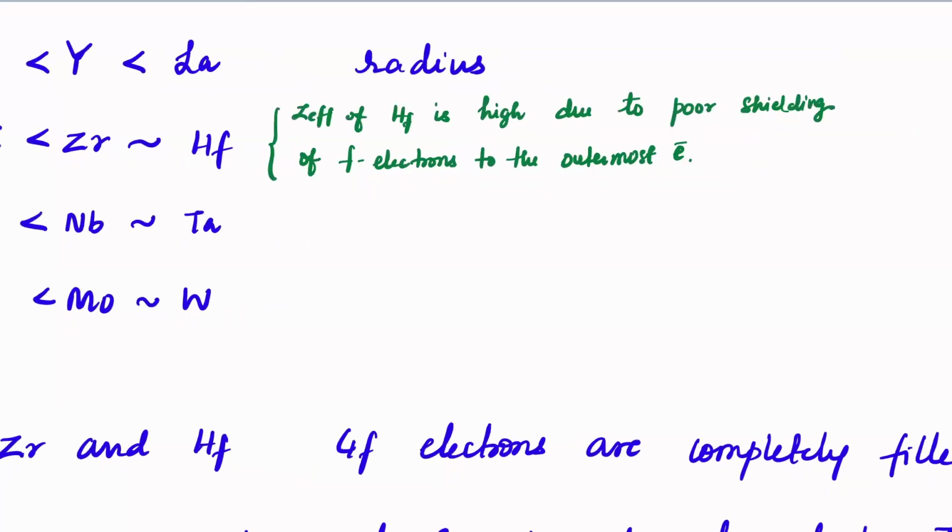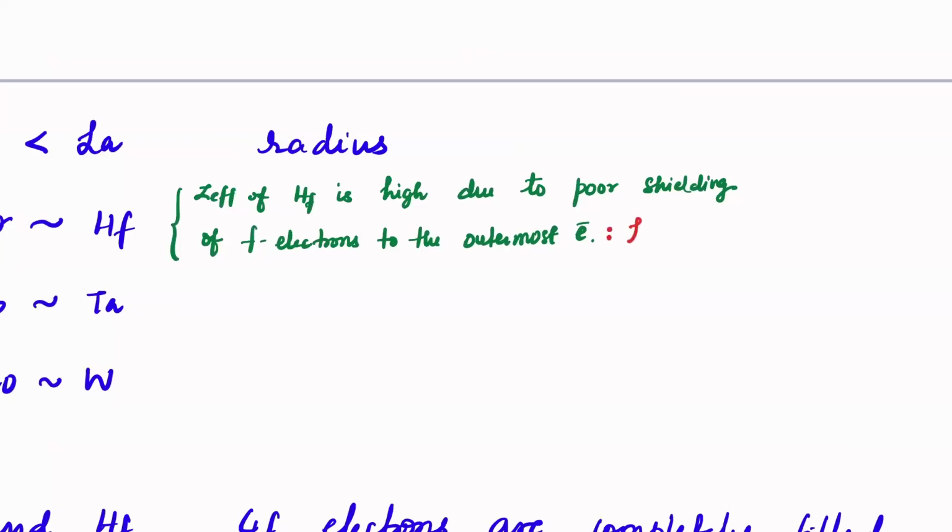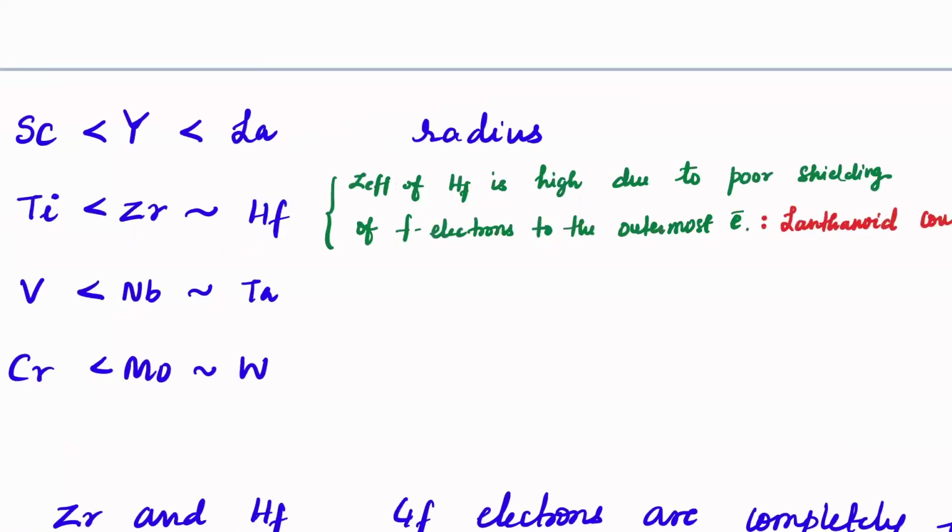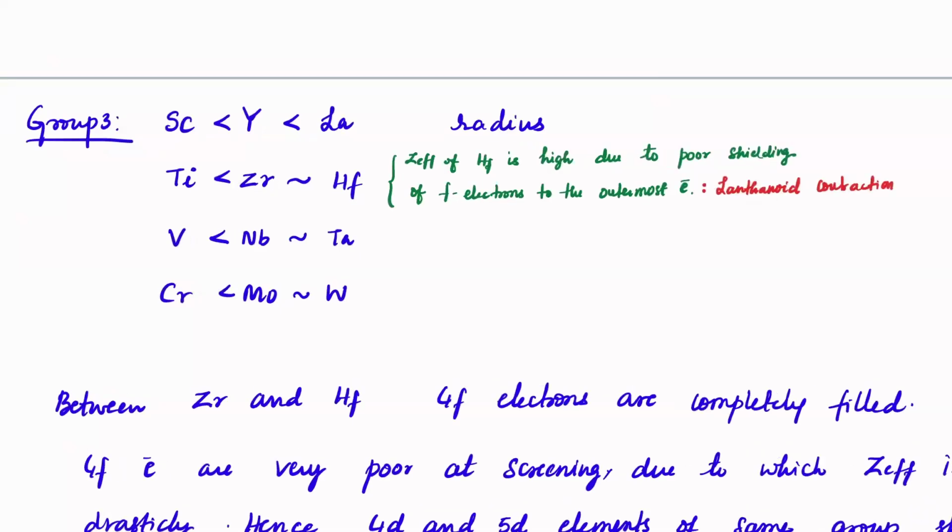There is a term used for this effect, this decrement of size, known as lanthanoid contraction. This is called lanthanoid contraction. So it is due to this effect of lanthanoid contraction that hafnium's size decreases and it almost becomes similar to that of zirconium. Titanium is less than zirconium, but zirconium is greater than hafnium.